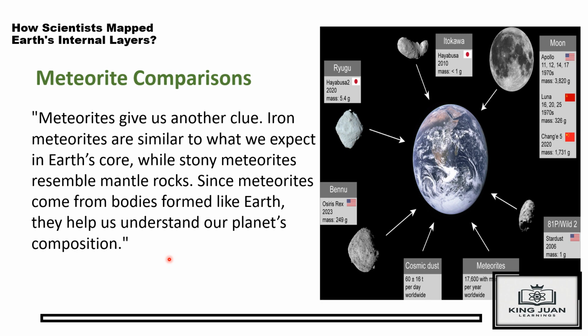Meteorites offer crucial insights on the Earth's interior composition by representing remnants of the same early solar system materials from which Earth formed. Their analysis reveals the presence of metallic cores, silicate mantles, and crustal materials, mirroring Earth's layered structure.